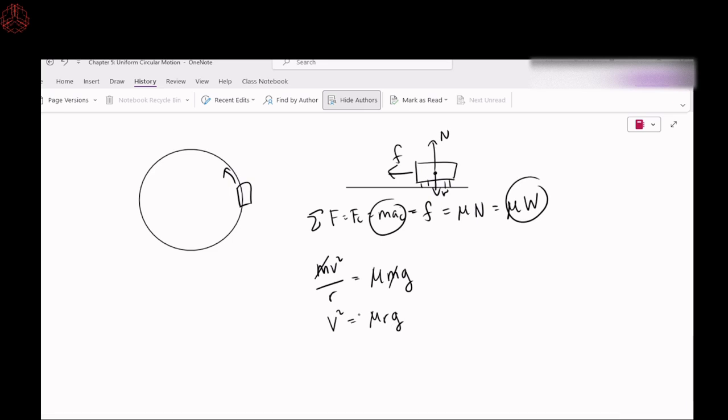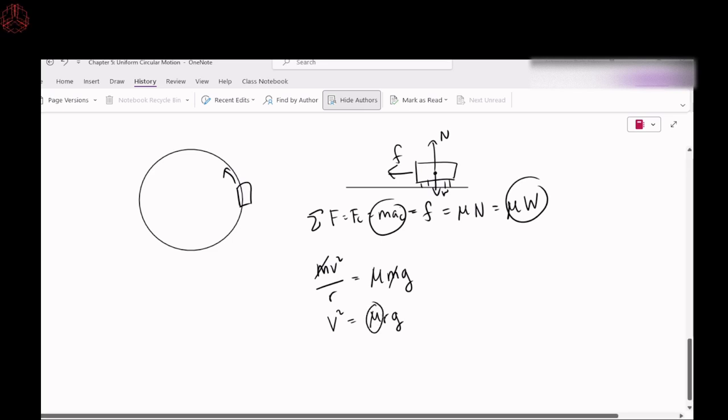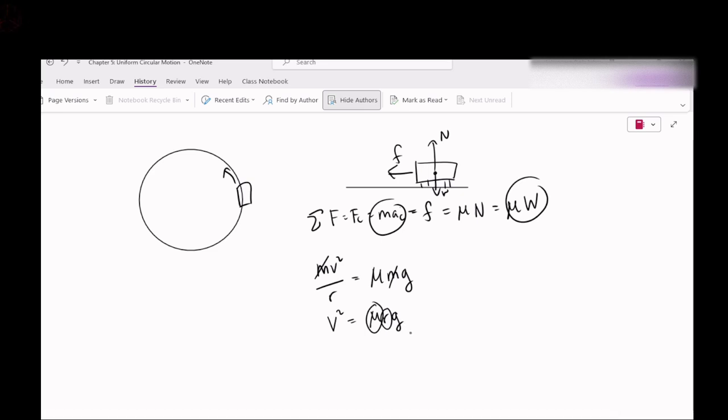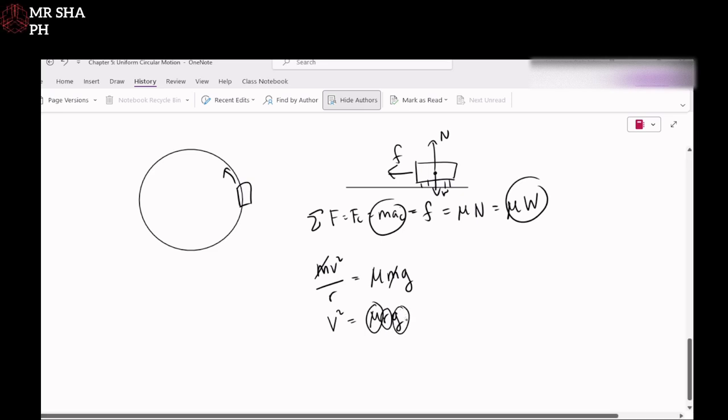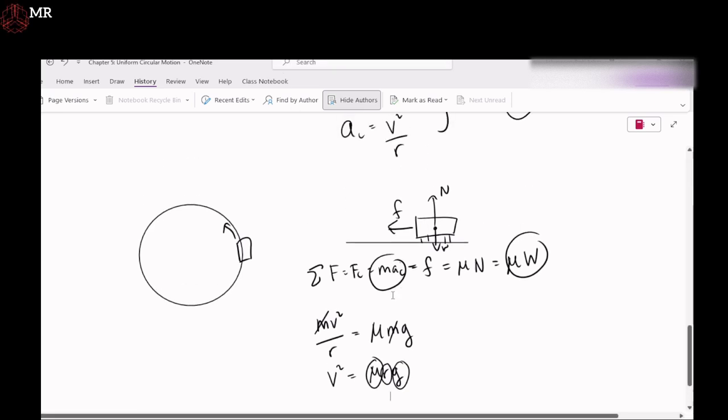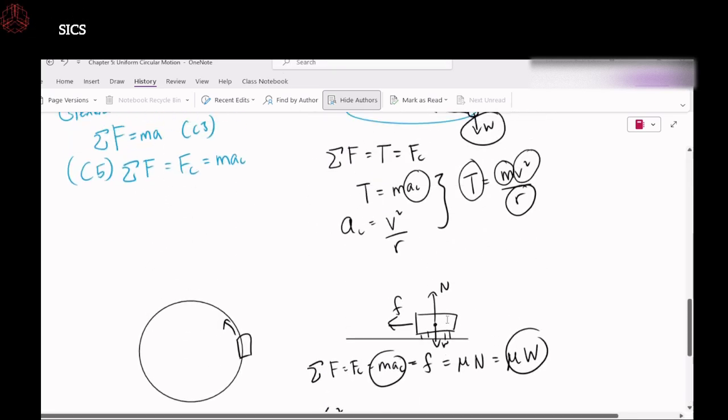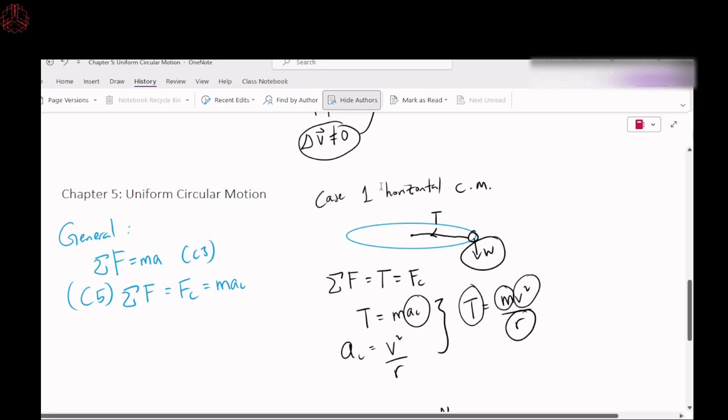So how fast the car can travel in that circular path depends on the coefficient of friction, how big a circle you can make, and gravity, which is generally constant on Earth. So these are the cases for horizontal circular motion.